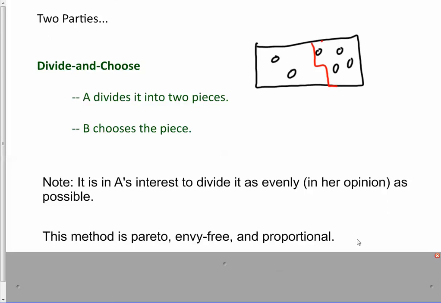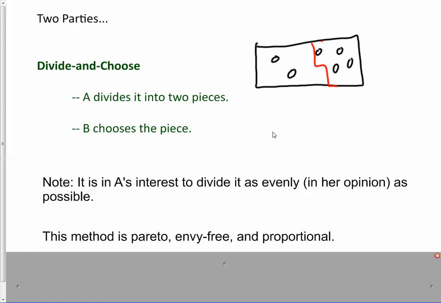Now notice I did not put equitable. It's not equitable because A is going to get 50% of the cake in her opinion. Right, like if she cuts, because she's in charge of the cutting, so she's going to cut it 50-50 according to her opinion, and so she's going to get a piece that's 50. But B may feel about the value differently, and B may get something that's more than 50%.